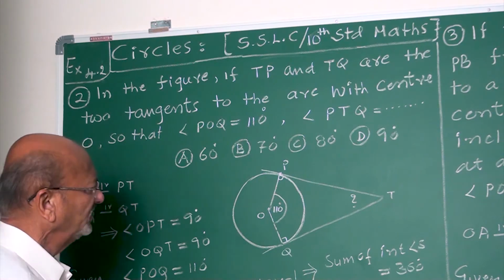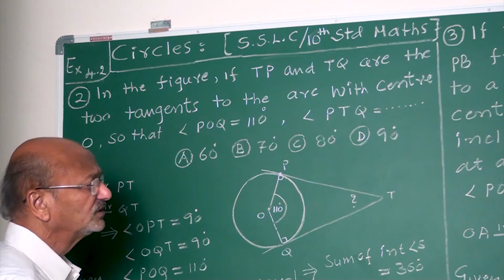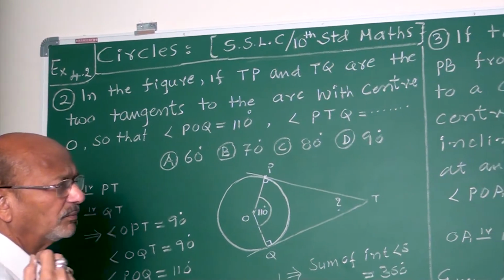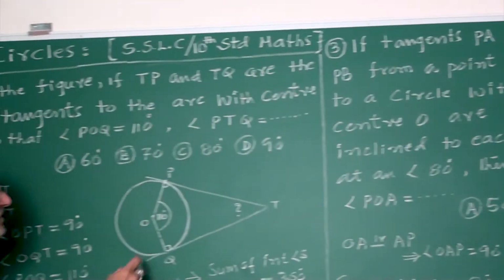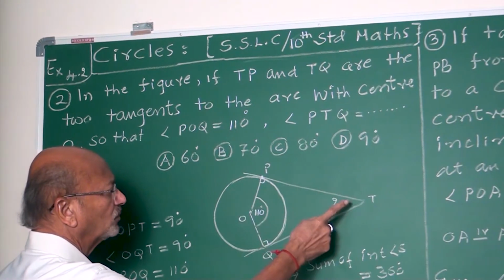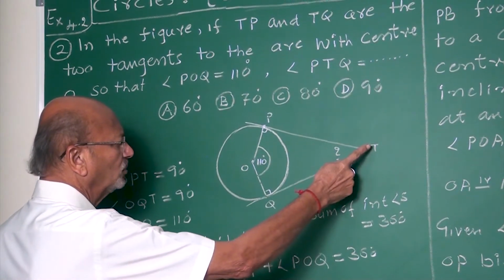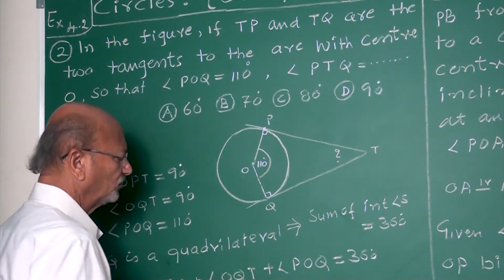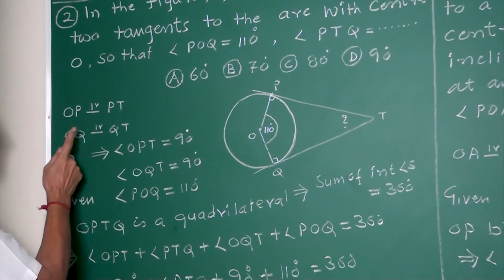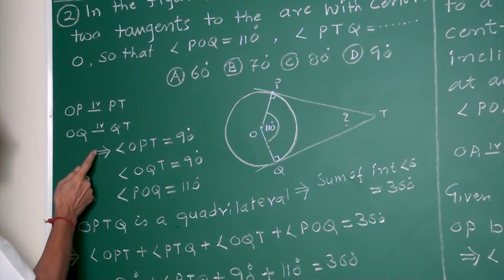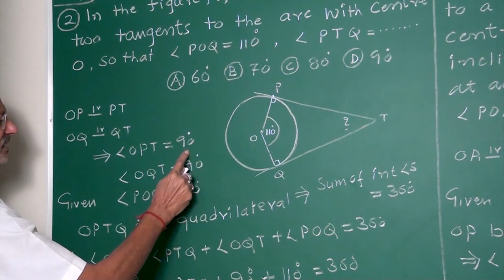Yes, my friends, in that corner both the theorems, theorem 1 and theorem 2, are the main result. OP is perpendicular to PT, OQ is perpendicular to TQ. Therefore, I have written OP perpendicular to PT and OQ perpendicular to TQ, which implies this angle OPT is 90 degrees.